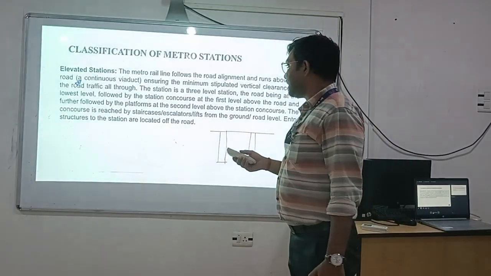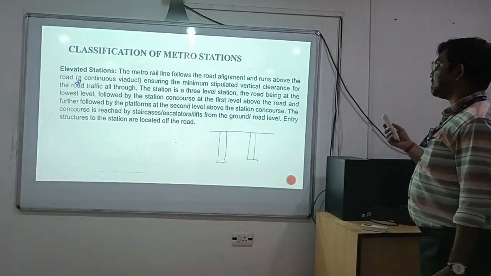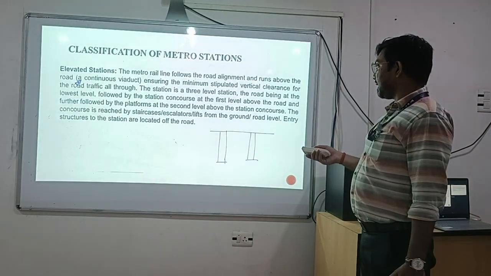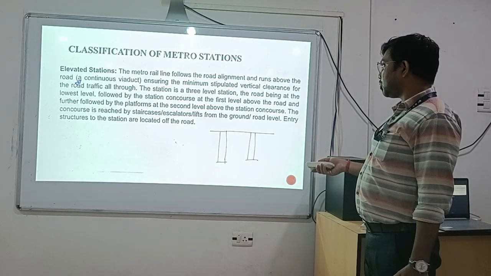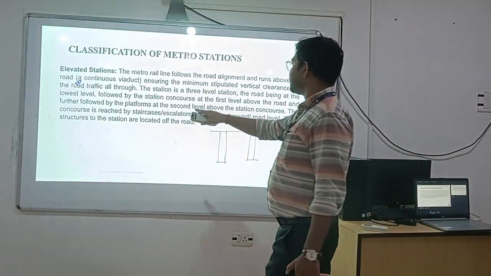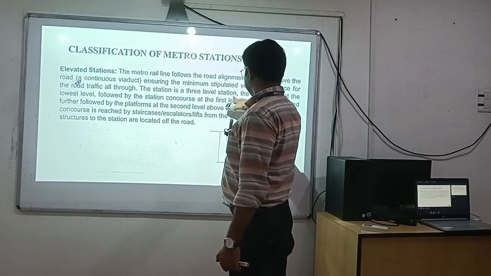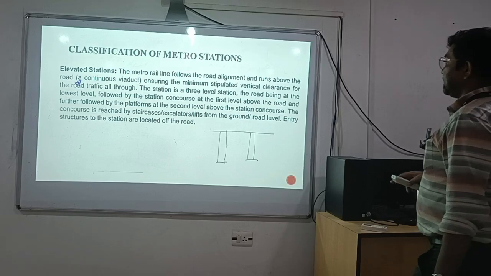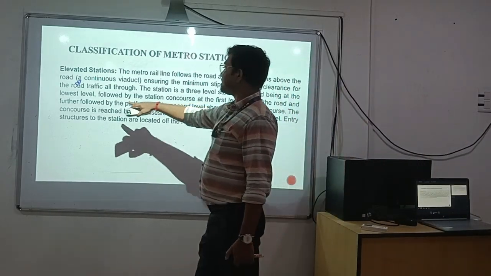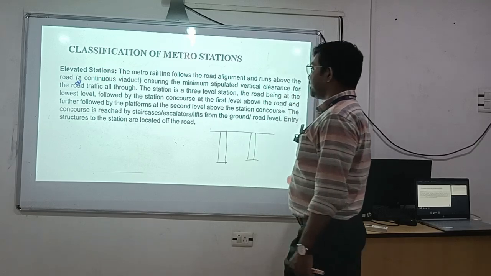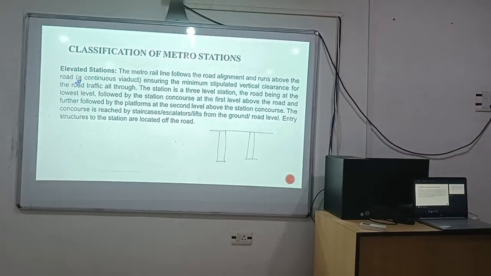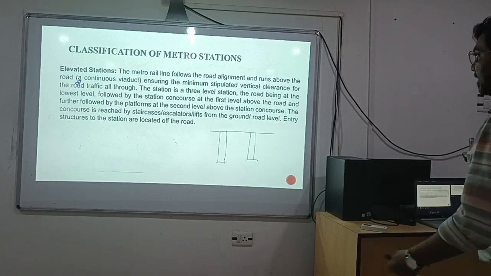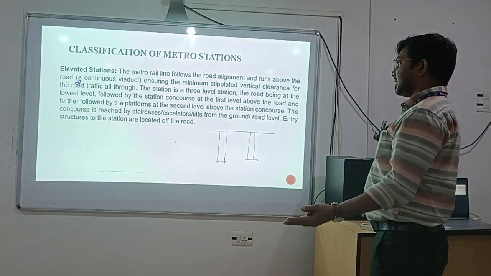So the entry level of this kind of station is at the level of the road or the ground surface. That means you can see the station is a 3-level station. There are 3 levels in this kind of station. The entry of this kind of station is at the lowest level, at the side of the road or at the ground surface.